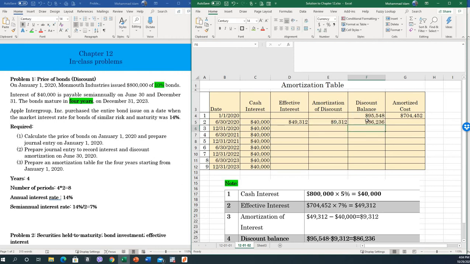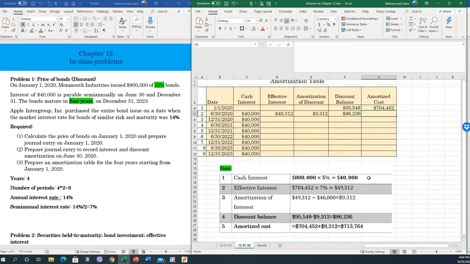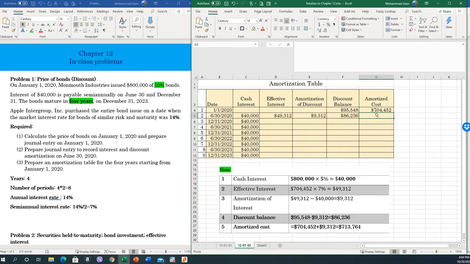Okay, and finally, see that this here is the formula. So how do we get this one? Finally, the amortized cost would be equal to the amortized cost beginning plus the amount of discount amortization.